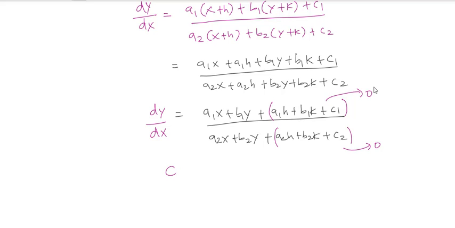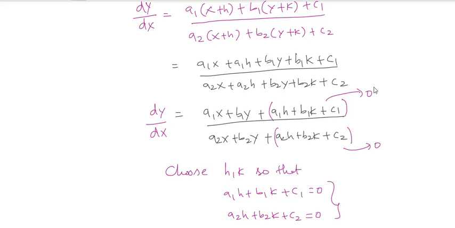So you need to choose h comma k so that a1h plus b1k plus c1 is equal to 0. Similarly, a2h plus b2k plus c2 is equal to 0. In such a way you have to choose your values of h and k.